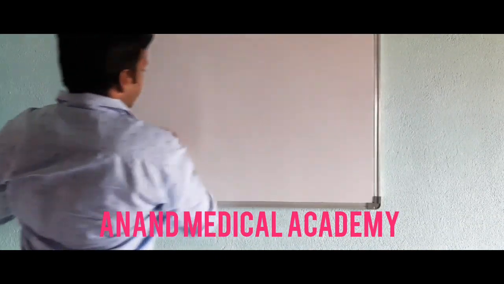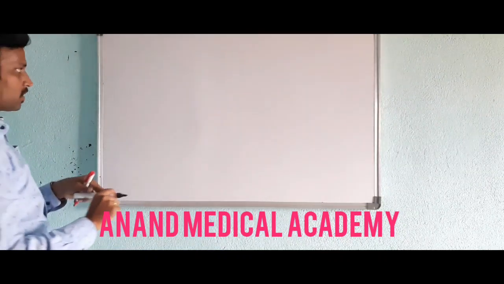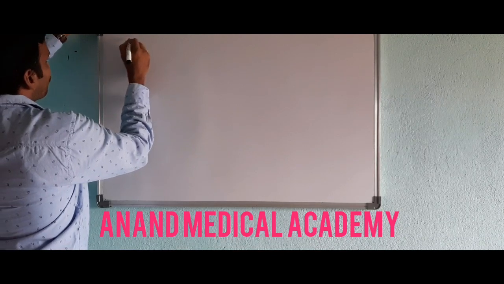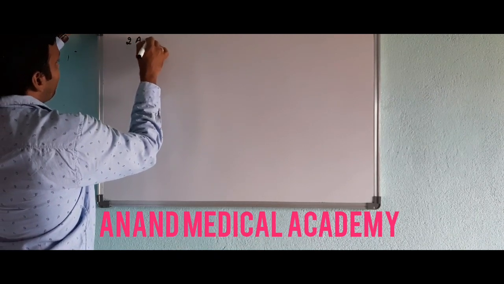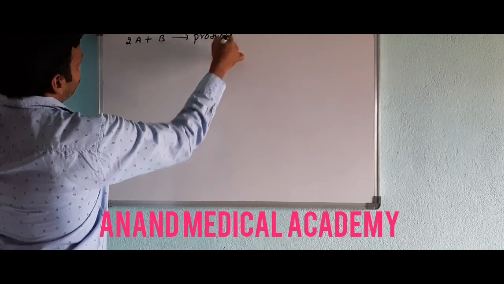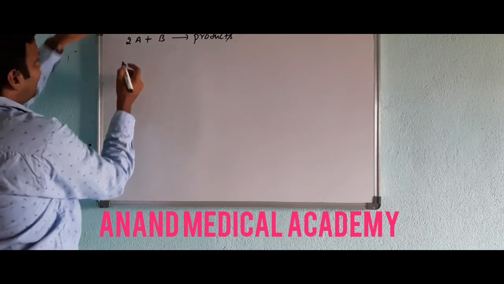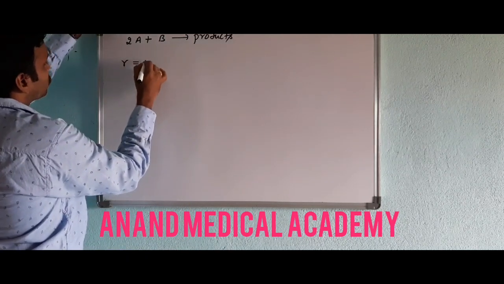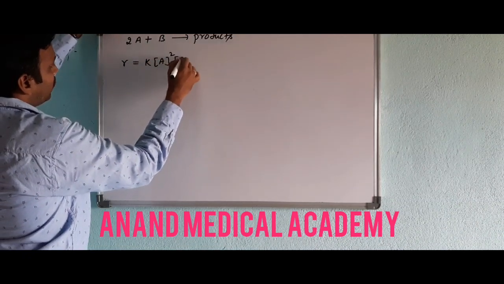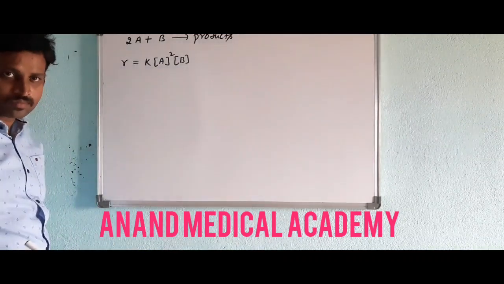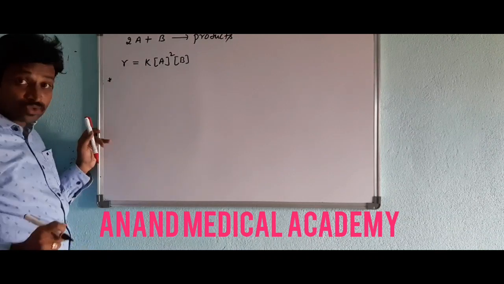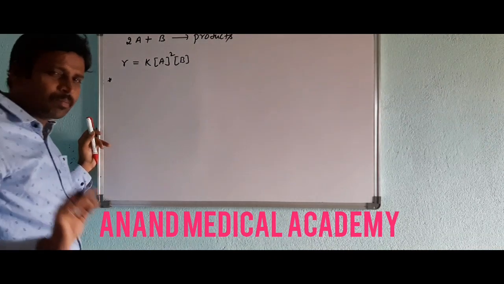Got it? So now let's see some more examples, like the previous one. 2A plus B gives rise to products. For this, what is the rate? R is equal to K into concentration of A power 2 and B. So here we have to take the rate law expression, and that is very important.